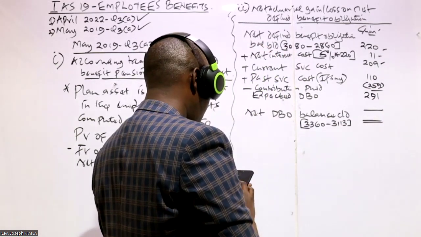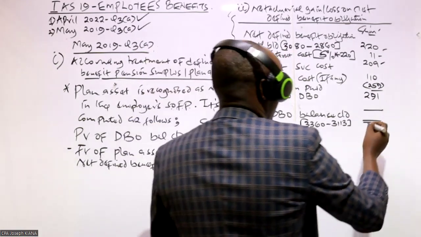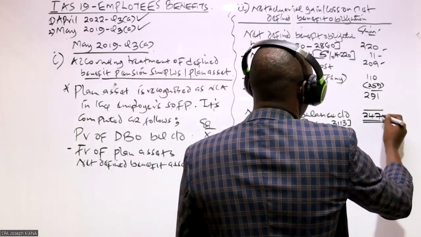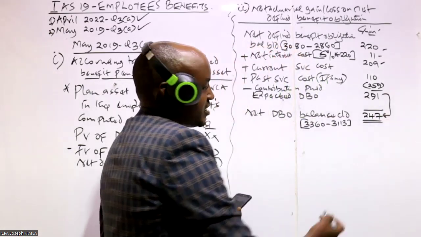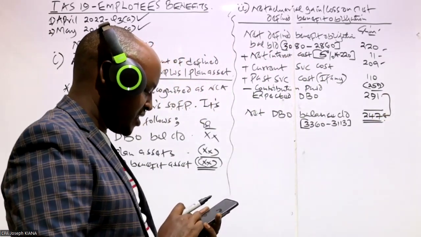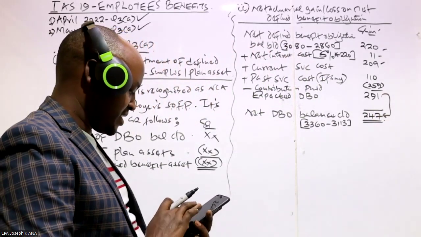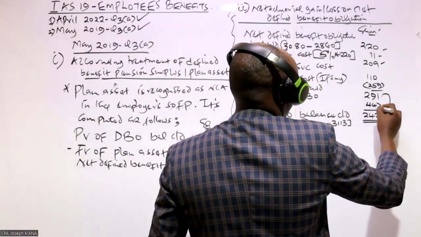So we have 3360 minus 3113, which will give us 247. So basically what we need to determine is whether we have an increase or a decrease from this figure to this. In our case, that is a decrease of 44.